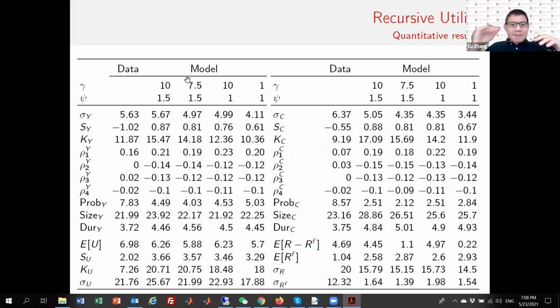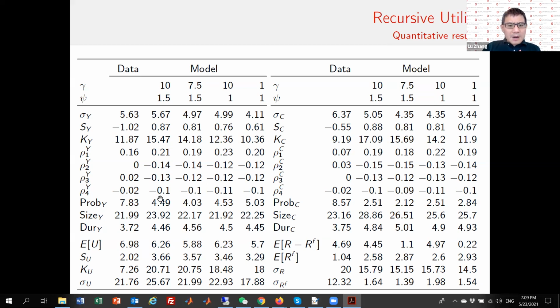So again, let me focus on the disaster moments. Look at this, our benchmark calibration in this model. Again, we match the output volatility, 5.67%, and then look at disaster probability. So 4.5%. It's roughly comparable, maybe slightly higher than that in the baseline model, roughly the same range.